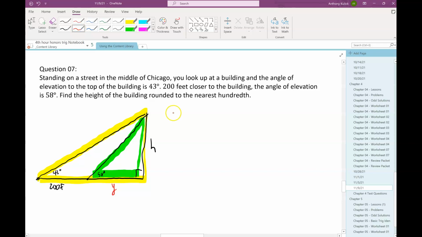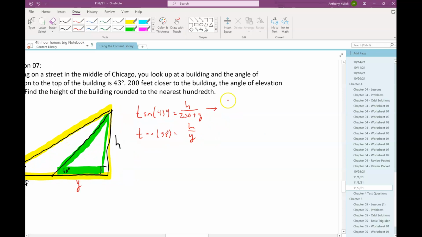So for the yellow triangle, I can say that tan of 43 degrees is equal to opposite over adjacent. And then for the green triangle, I can say tan 58 is equal to opposite over adjacent. The first equation, I'll multiply both sides by 200 plus y.